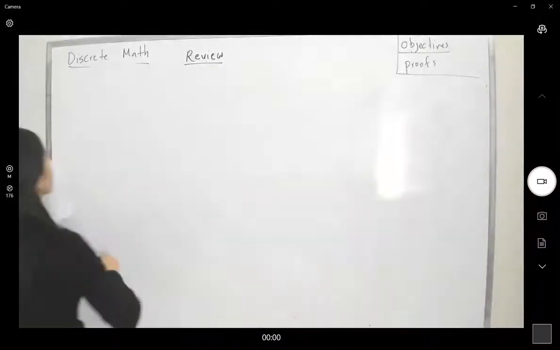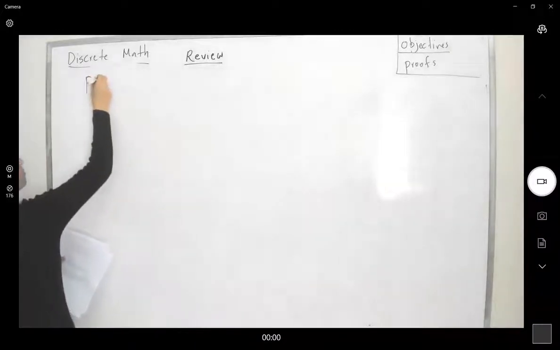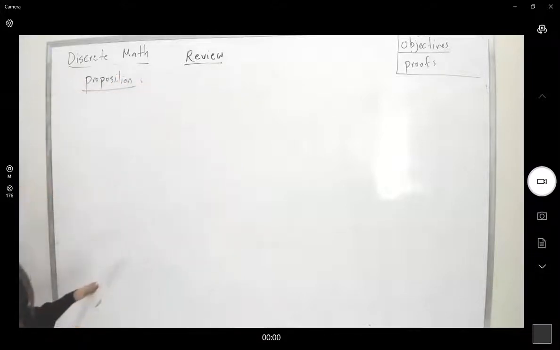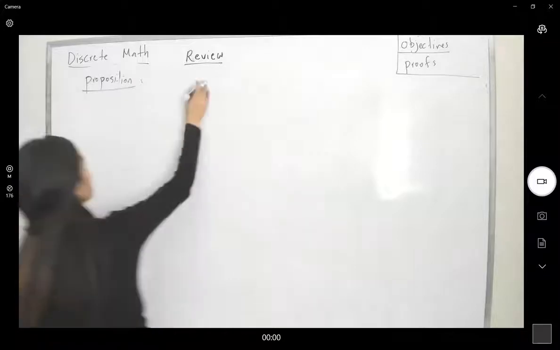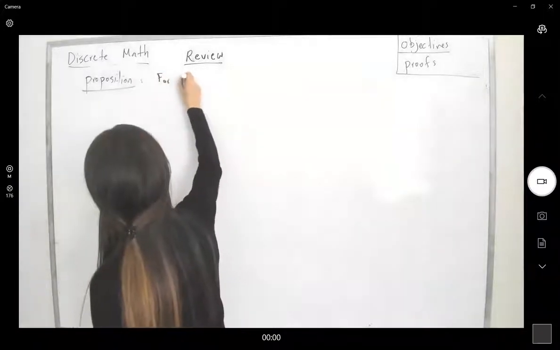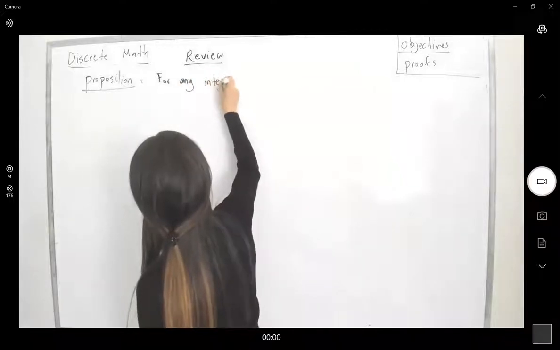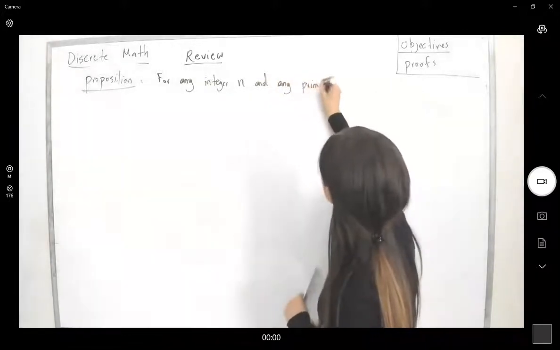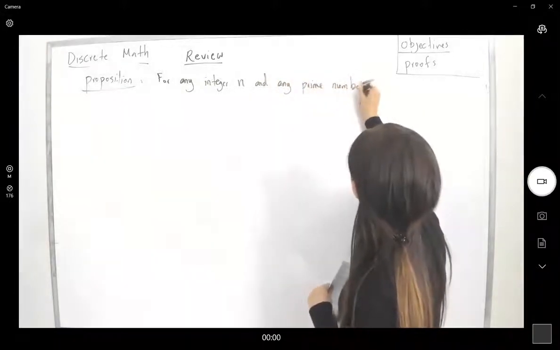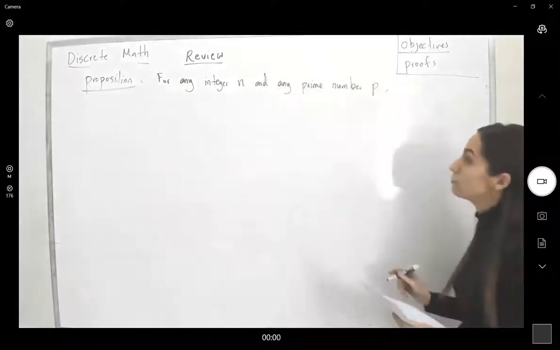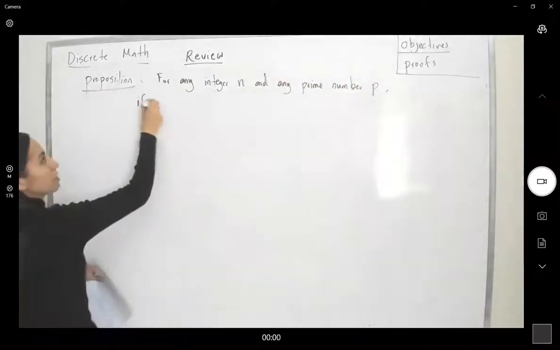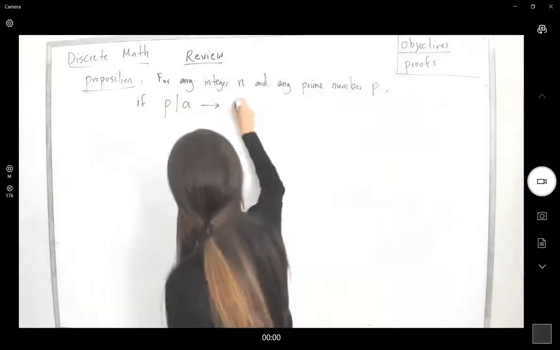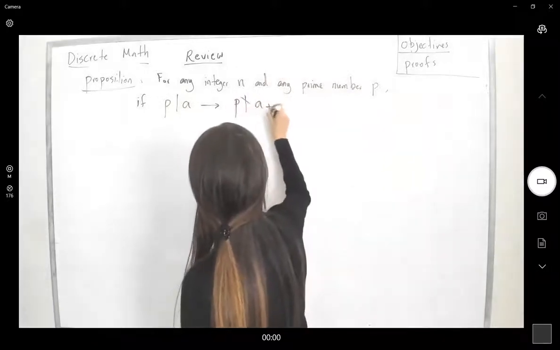This proposition says, for any integer a and any prime number p, if p is a factor of a, then p cannot be a factor of a plus 1.